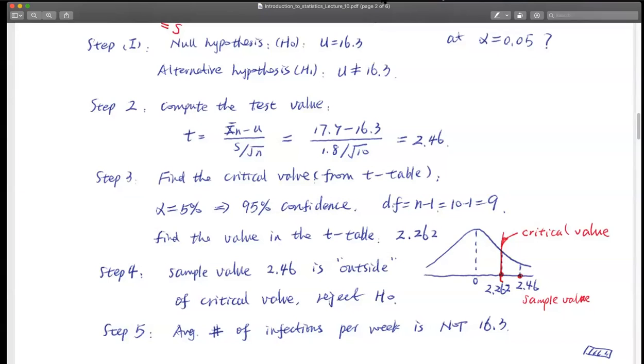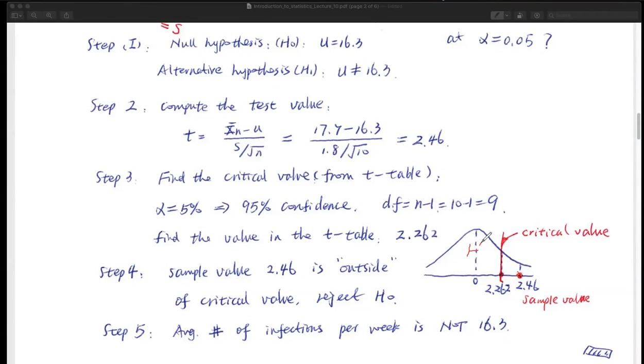It's further away from the center. Now, let me see if I can draw something here. This data is coming from our calculation, right? It's further away from the center. What's the center, everybody?